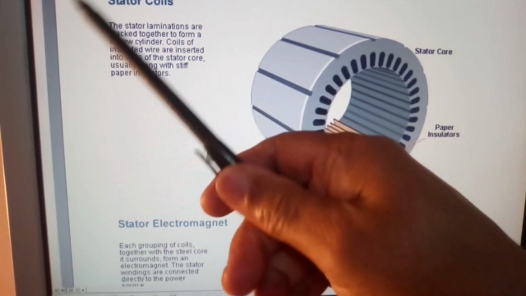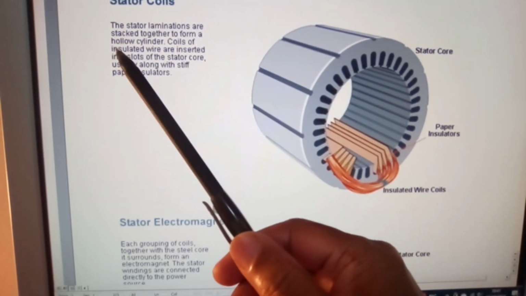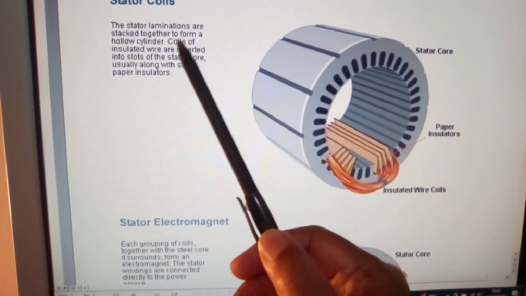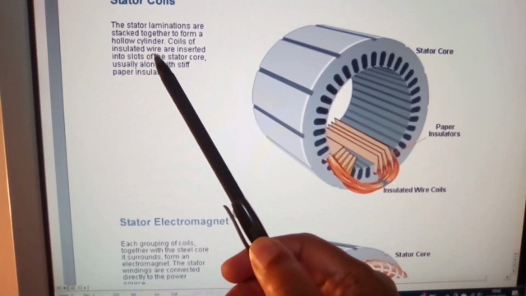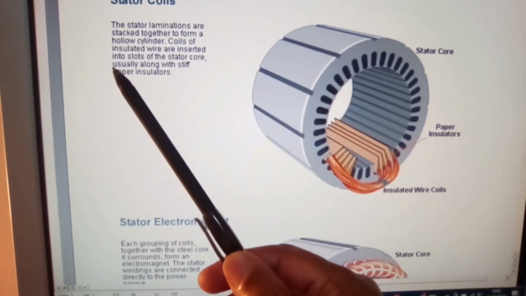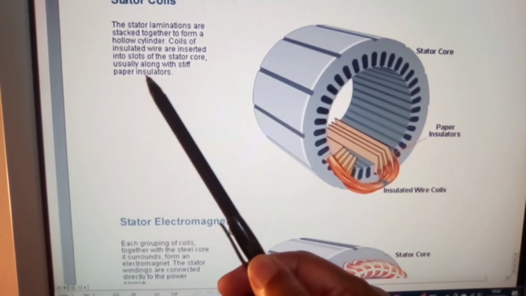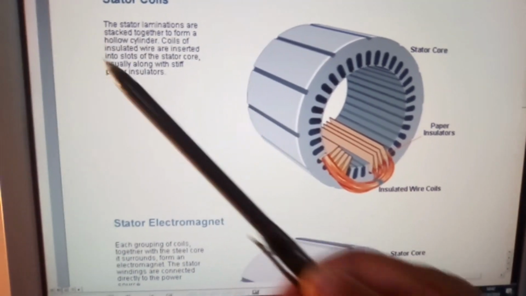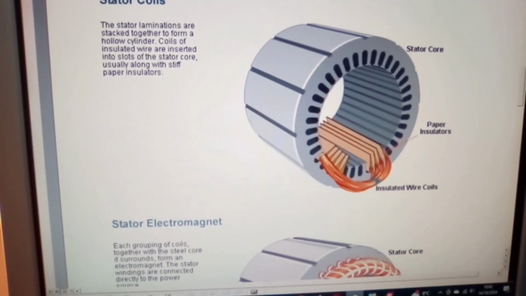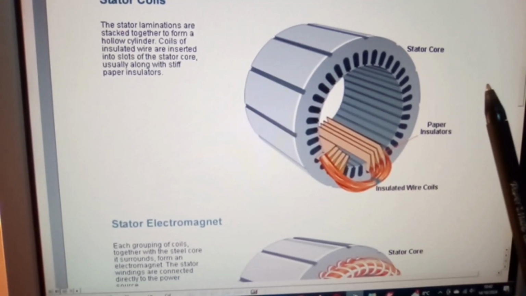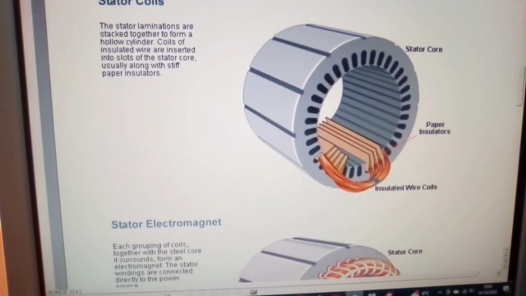Now, stator coils. Stator laminations are stacked together to form a hollow cylinder. Coils of insulated wire are inserted into slots of the stator core, usually along with stiff paper insulators, or paper insulation, or sometimes formica sheets might be used, depending, but then I'm going back a while.